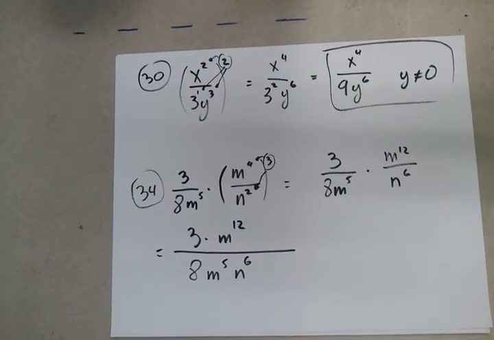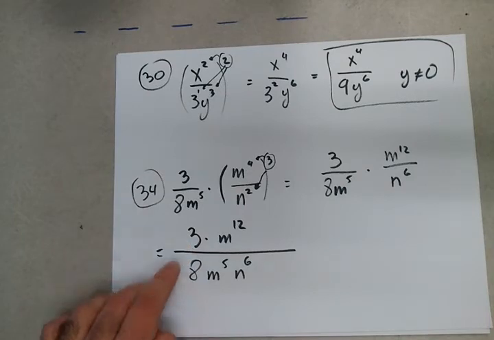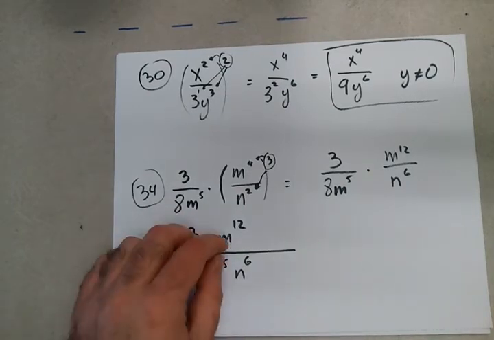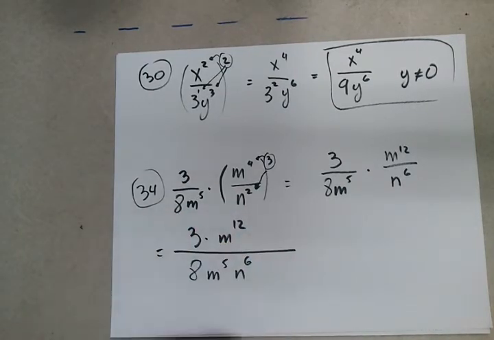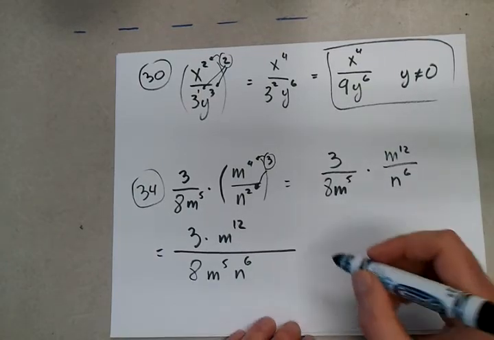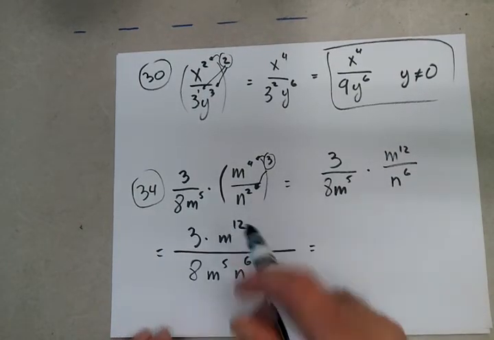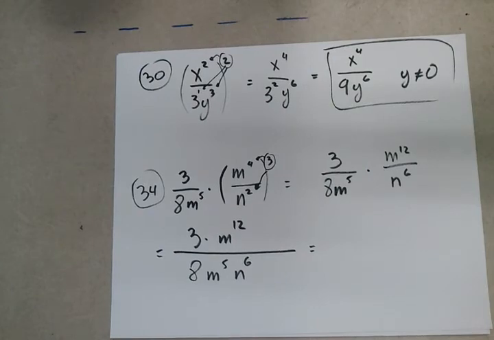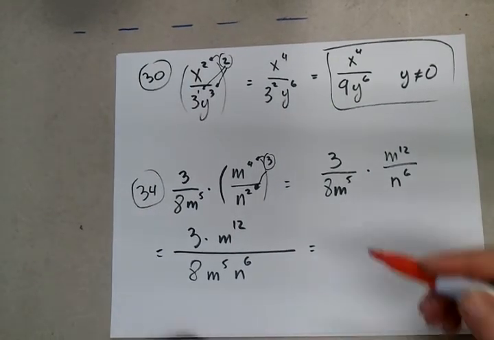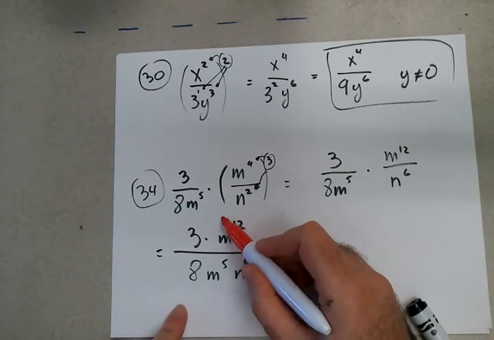Alright, well, let's look at the bases. 3, 8, nothing in common. N, nothing in common. M and m, I have a pair of m's. So I have a pair of exponential forms that have the same base and they're being divided. In this case, I'm going to treat these two separately just for a second.